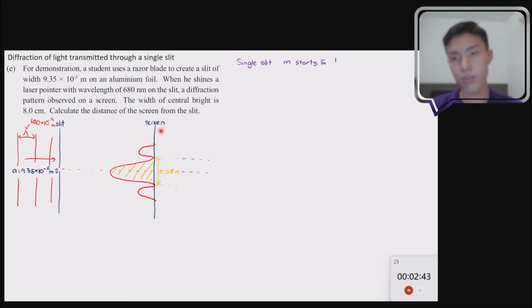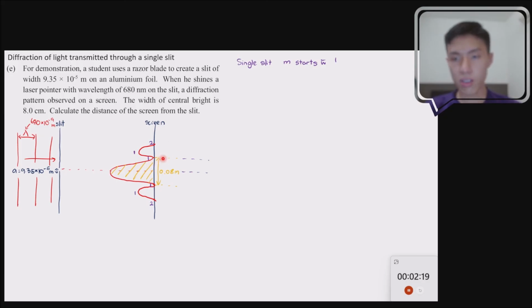Other than that, you can label. So the first one you start with is 1, then here should be 2. So here should be 1, here should be 2. Then of course for the bright you can start with this bright but not the central bright, so this should be 1, this should be 1.